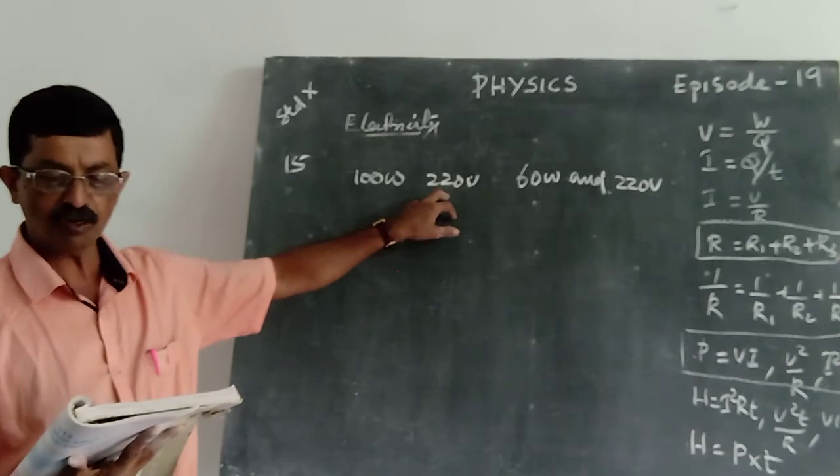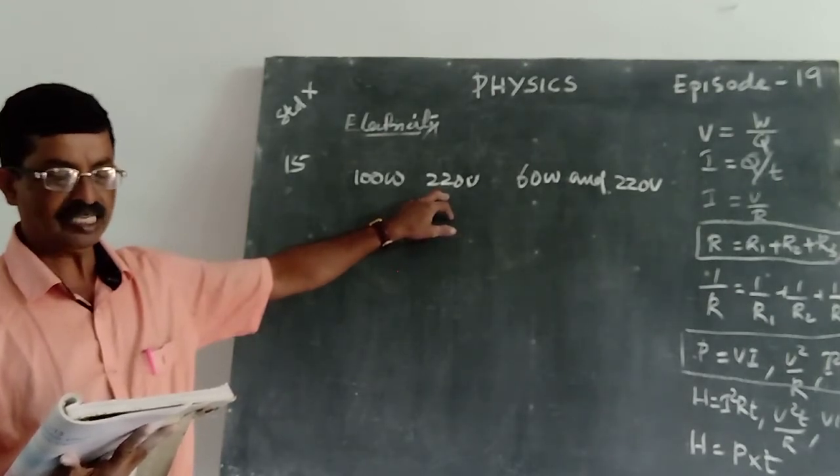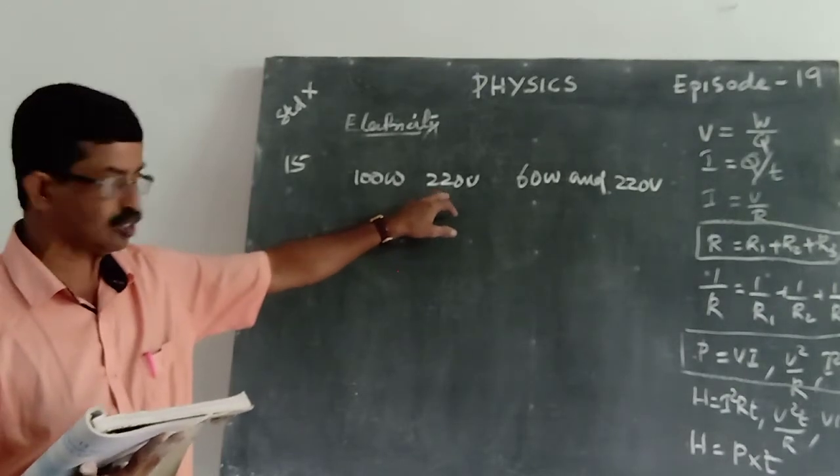What current is drawn from the line if the supply voltage is 220 volts?